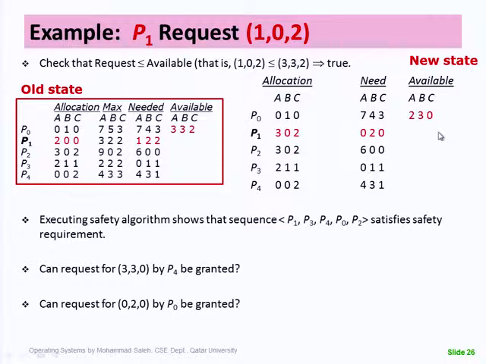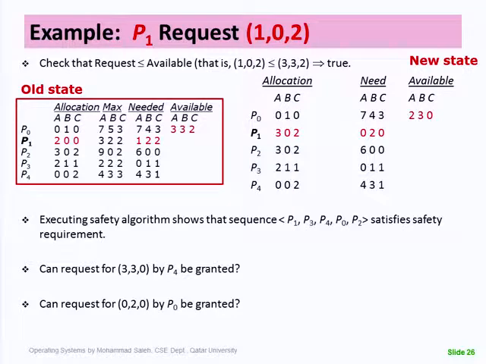So what we do, okay, P1 is finished, and by that we have what it was allocated, which is 302, added to 230, and by that we have 532. And then we try to execute another process and so on, the same as what we followed just now in the safety algorithm.